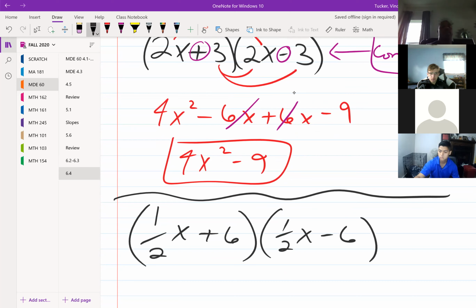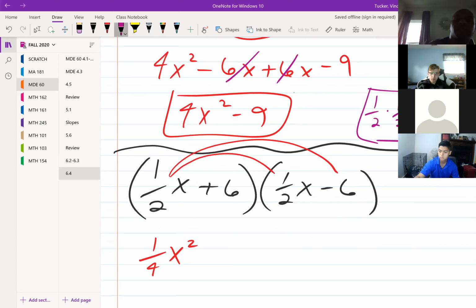All right, so if I have 1/2 x plus 6, 1/2 x minus 6, 1/2 times 1/2, don't forget your fractional work. 1/2 times 1/2 is just 1/4. So it's 1/4 x squared. Half of 6 is just 6 over 2, which is 3.